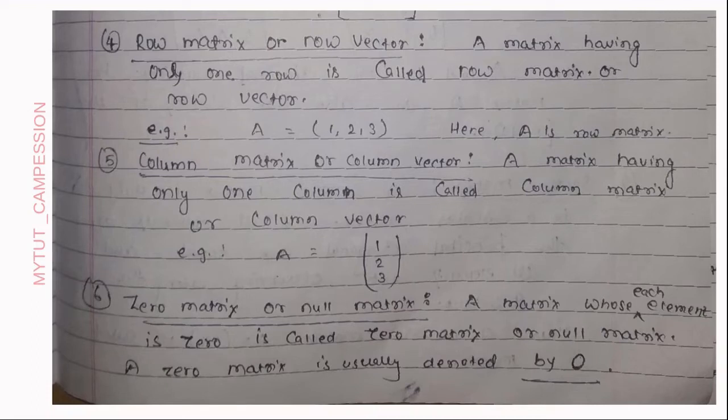Now we will discuss another type of matrix, the zero matrix or null matrix. A matrix whose every element is 0 is called a zero matrix or null matrix.